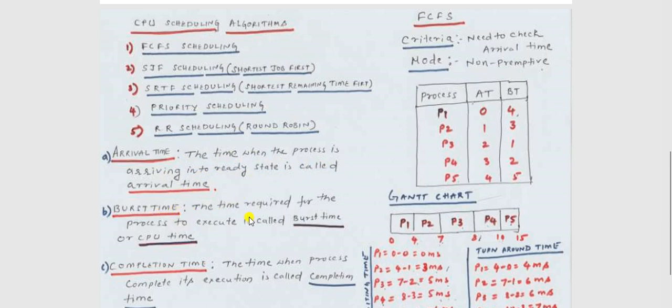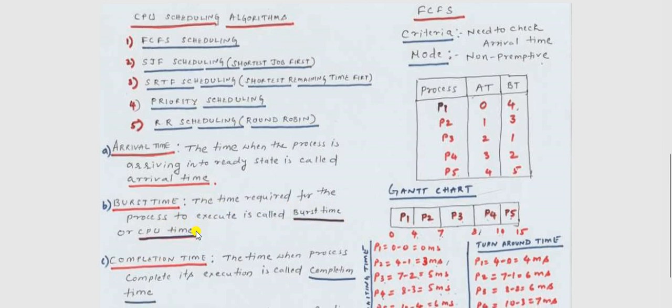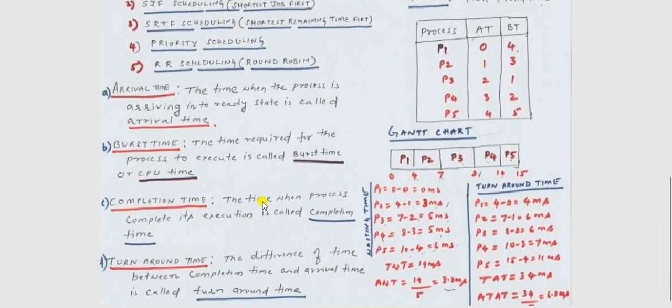Burst time: the time required for the process to execute is called burst time or CPU time. Next, completion time: the time when the process completes its execution. Next, turnaround time: the difference between completion time and arrival time is called turnaround time.